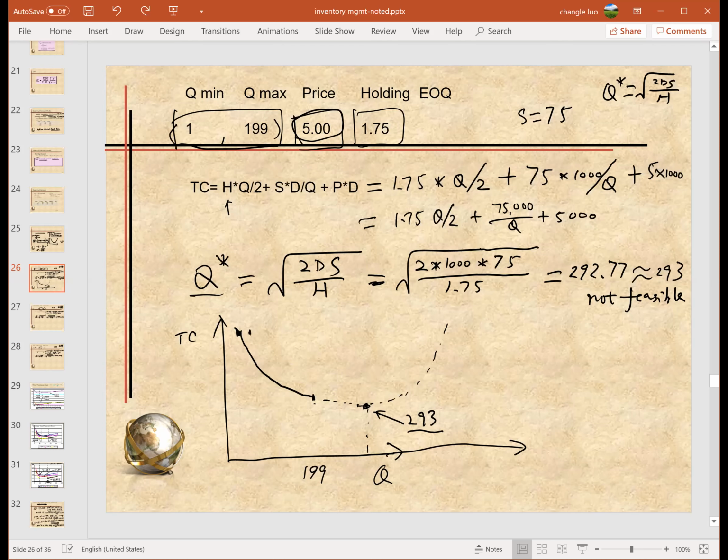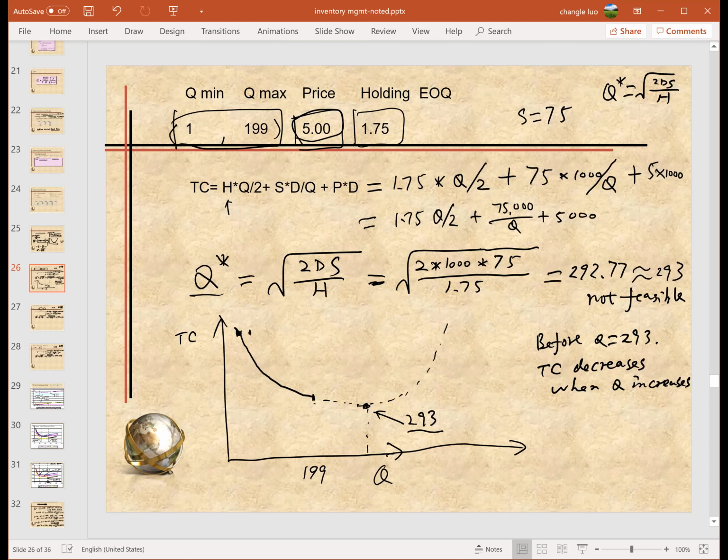I'm going to write it here. Before Q equals 293, total cost decreases when Q increases.